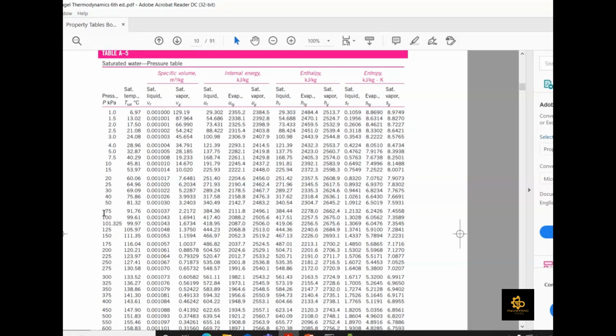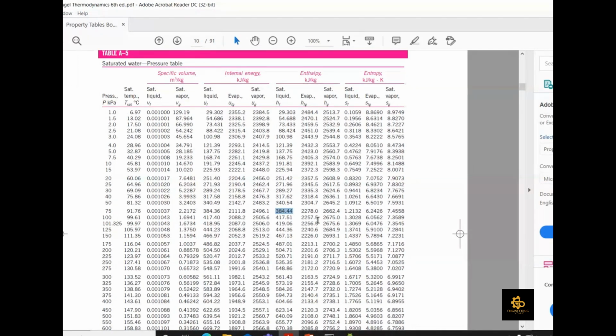So P1, 75 kilopascal. You have to see 75 kilopascal over there. Now you have to follow this line in order to find your enthalpy value. So h1 is equal to hf. Where is your hf? hf is equal to 384.44 kilojoule per kg. So now your h1 is known. Now again you have to find the specific volume.